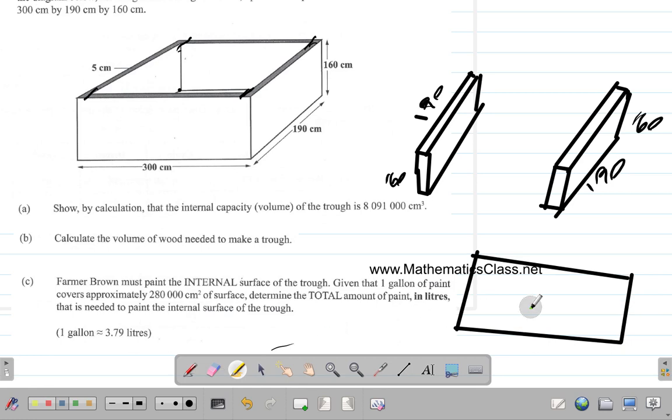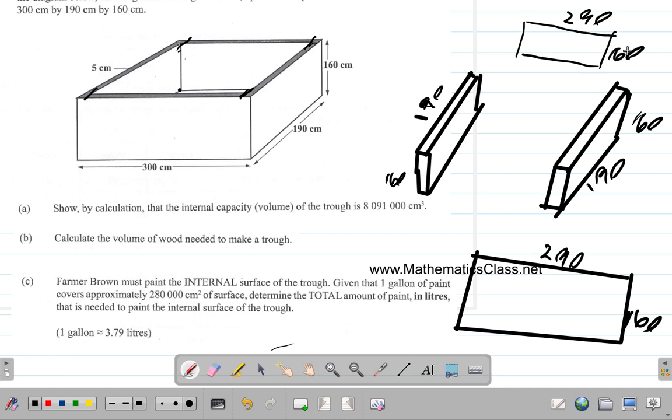And this would be 290, but the height would still be 160. And the same thing with the one round the back. It would be 290 by 160. What about the wood at the bottom now?